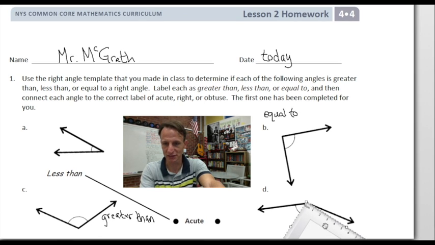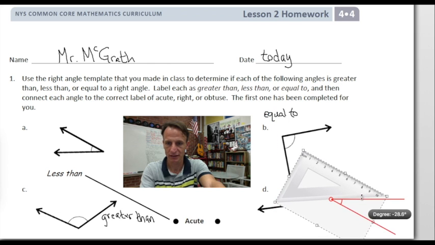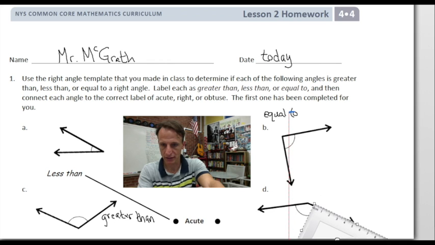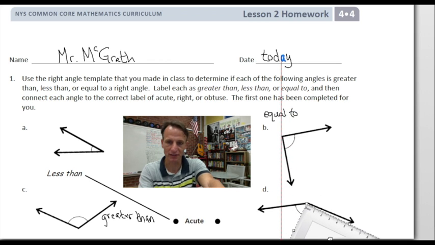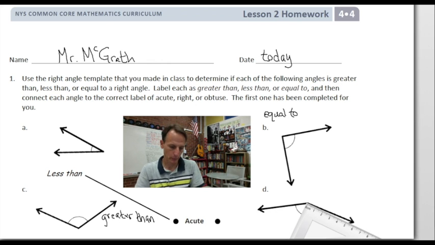Told you this might be a little clunky. About yay? That seemed good? Okay, well, it's not quite perfect, but you could tell, obviously, this is much larger than a right angle, so we're going to write greater than here for D as well.